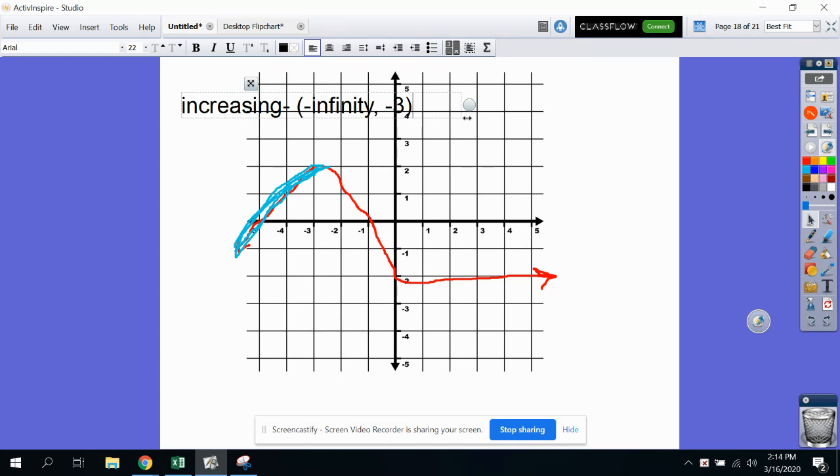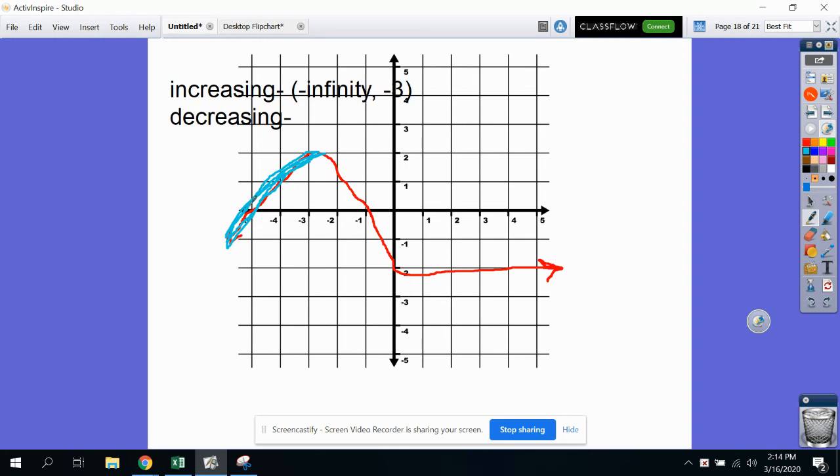Now decreasing. If increasing means going up, then decreasing means going down. So we continue reading from left to right. It was going up, and then right here it's going down. Use a different color. Decreasing right here at the green to right there. At this point, it just remains constant.